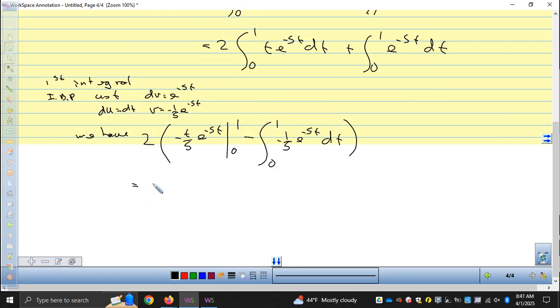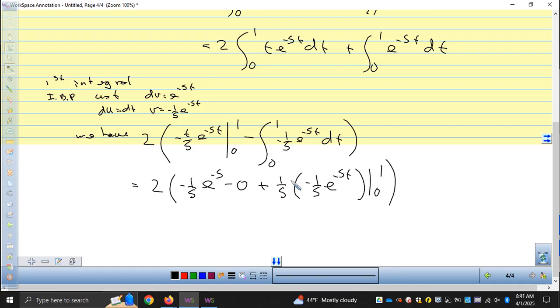This gives us 2 times negative 1 over s e to the minus s minus 0, plus, when we integrate this, we get 1 over s times negative 1 over s e to the minus st, and we're evaluating that from 0 to 1.